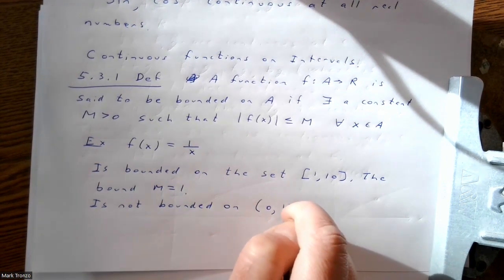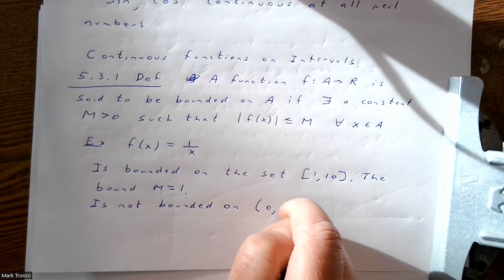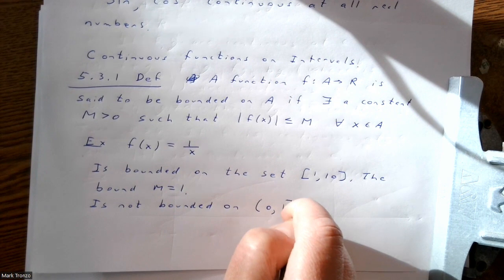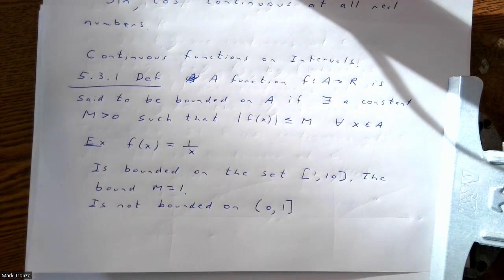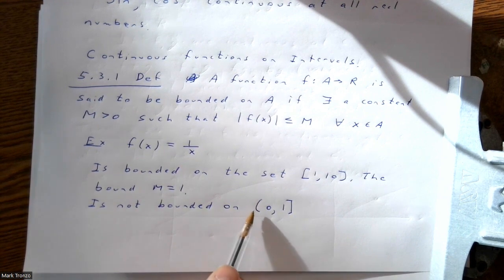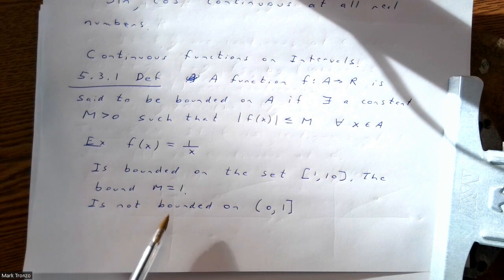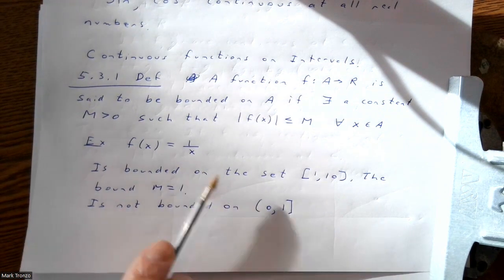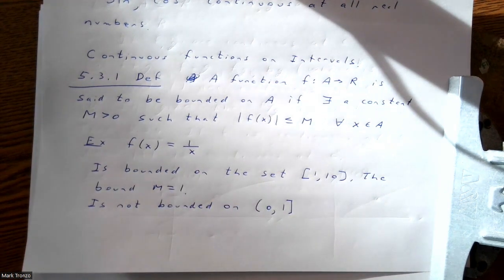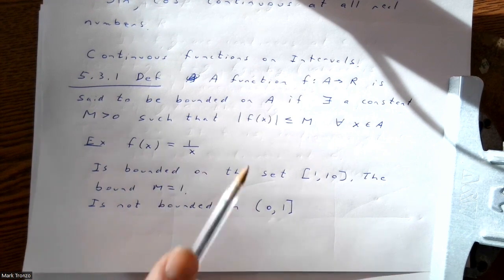Because you could prove it's not bounded using some of the proofs we did before: if you claimed that there was a bound, you could always find a smaller number to put in the denominator to make this thing blow up. As you get closer and closer to 0, this thing is just going to blow up.